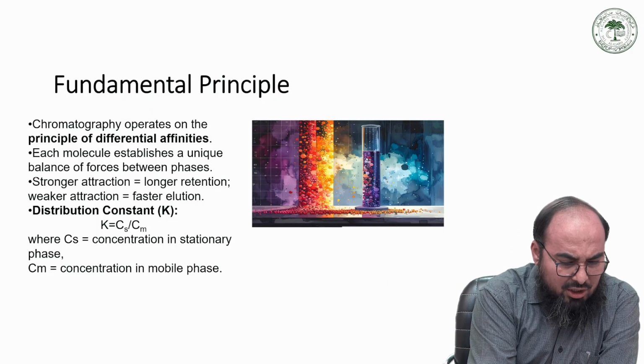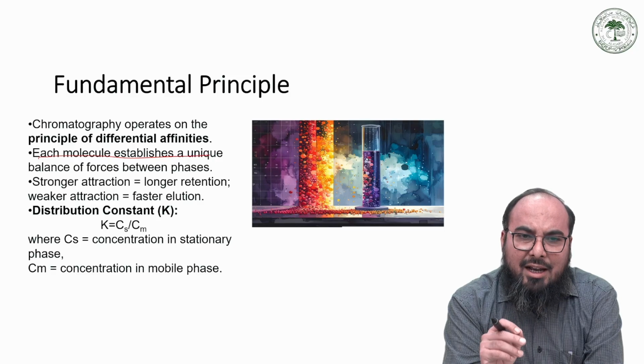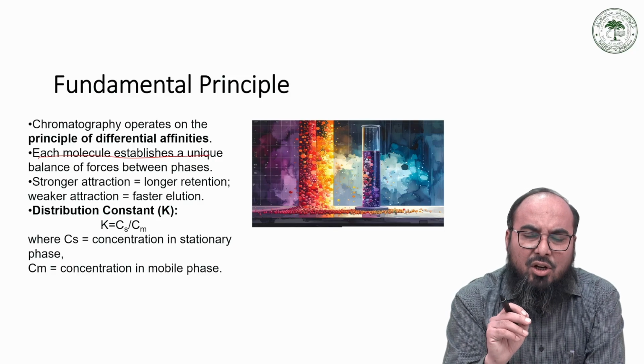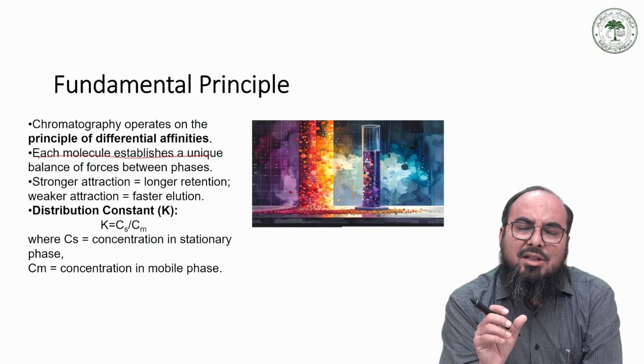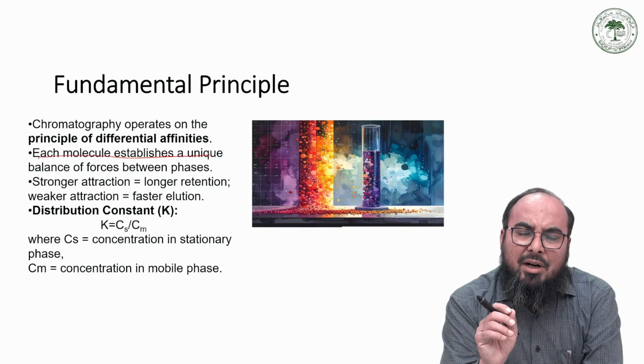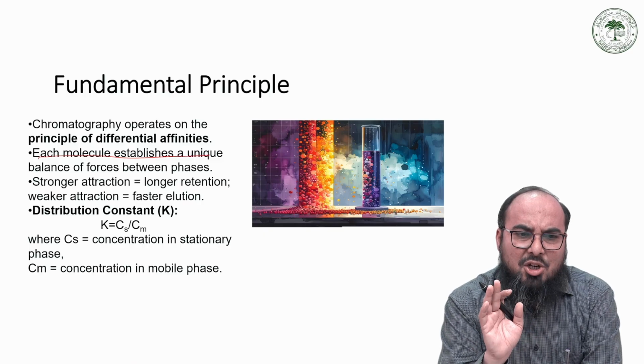That is, each molecule has a different interaction with the stationary phase, and because of that each component has a different retention time. Retention time is the time taken by the particular component with the stationary phase.